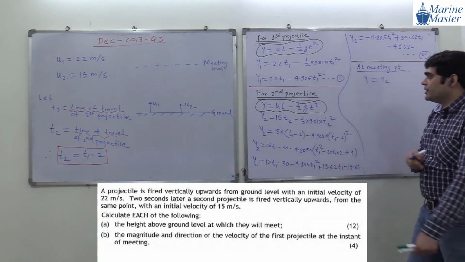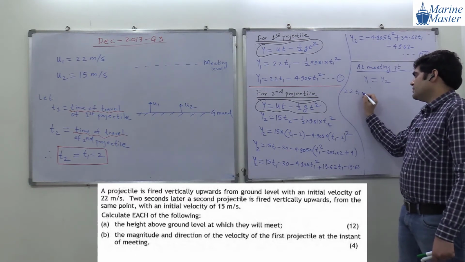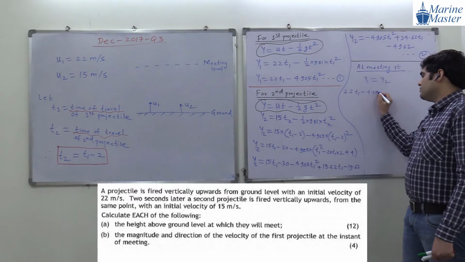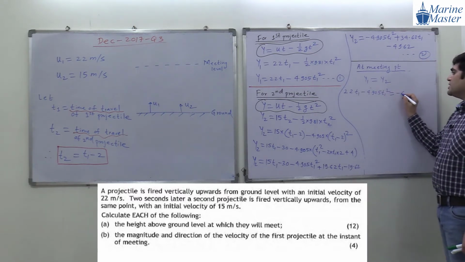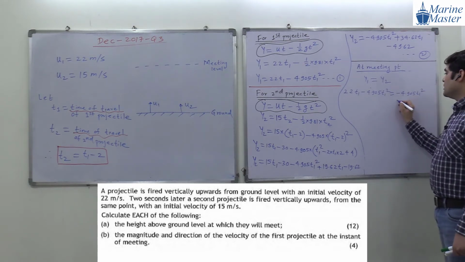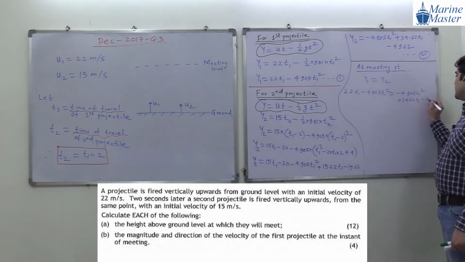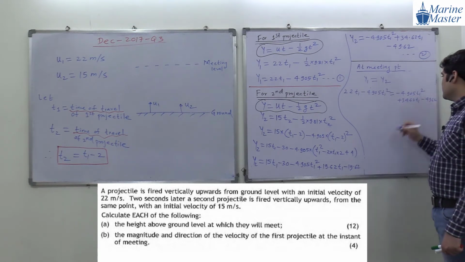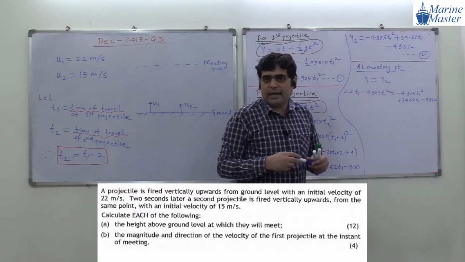So what we can say? 22 T1 minus 4.905 T1 square is equal to minus 4.905 T1 square plus 34.62 T1 minus 49.62. Check it, guys. Is there any mistake from my side? Are you getting my point?